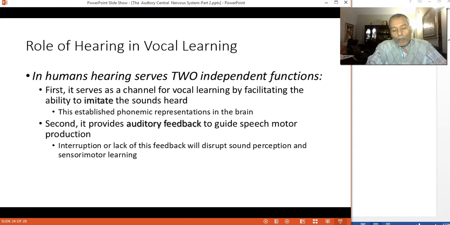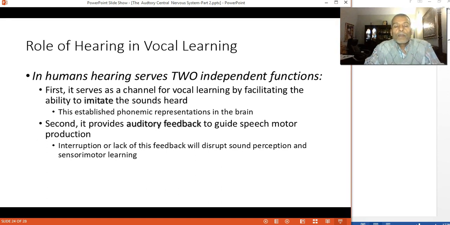In humans, hearing serves two major functions when we speak about the development of vocal learning: being able to hear and build sound, phonemic and word representations, and being able to use these as templates to express ourselves.